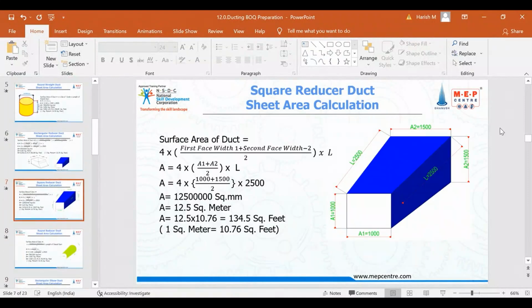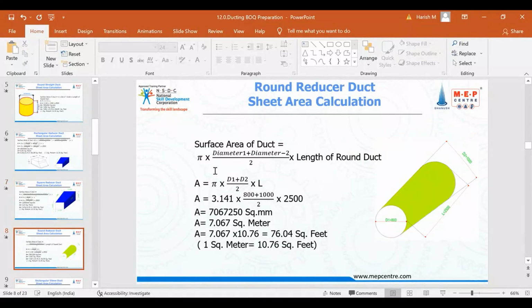Same for square also: 4DL or 4AL, where instead of A we take A1 plus A2 by 2. Next, for round, we have 2 diameters, diameter 1 and diameter 2.